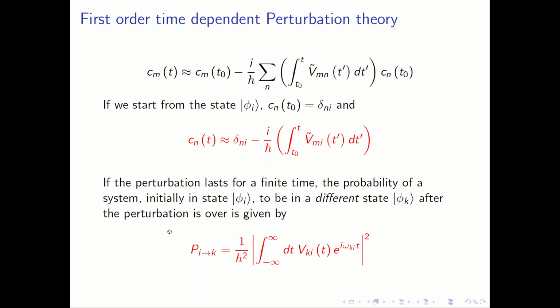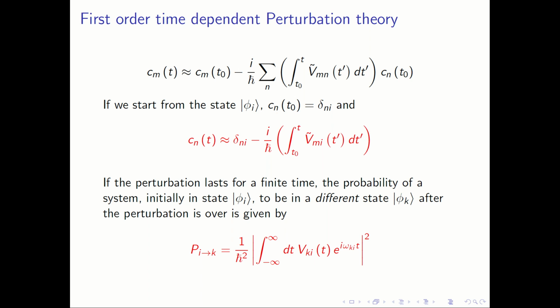So this is the result which we get from first order perturbation theory. You start with the system with Hamiltonian H0. There's a perturbation which comes in and goes away. You end up with a system again with Hamiltonian H0. So both phi i's and phi k's are actually stationary states of the system in the distant past and the distant future.